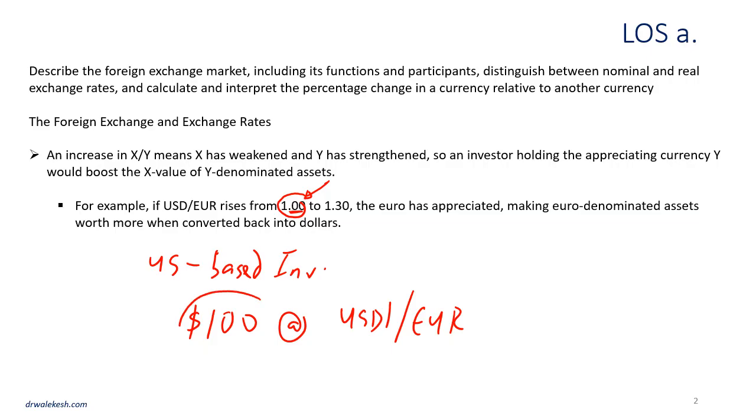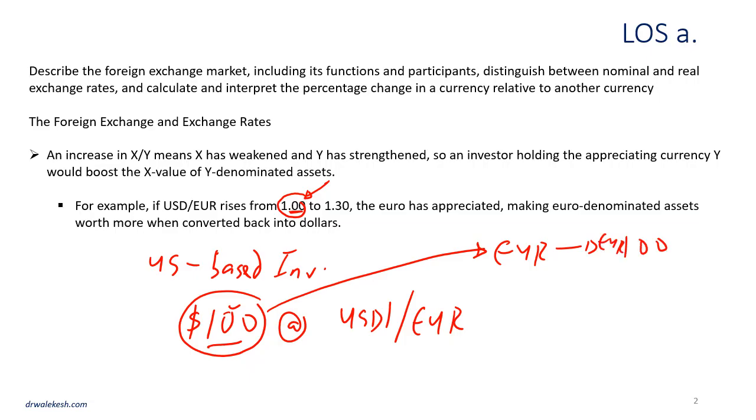You converted these US dollars to euro. It is obvious that converting these 100 US dollars to euro will be 100 euros.